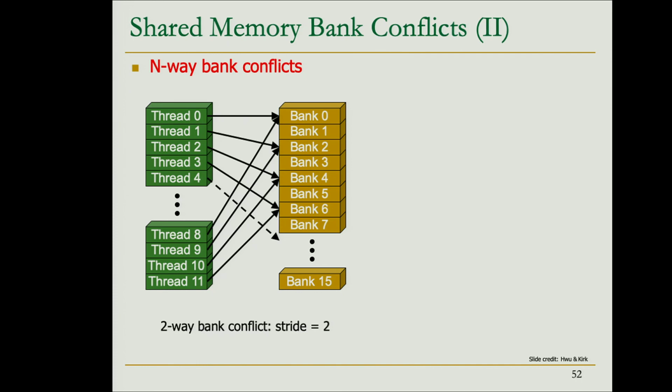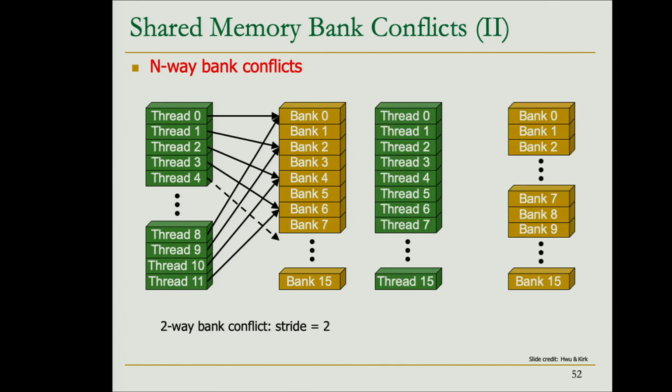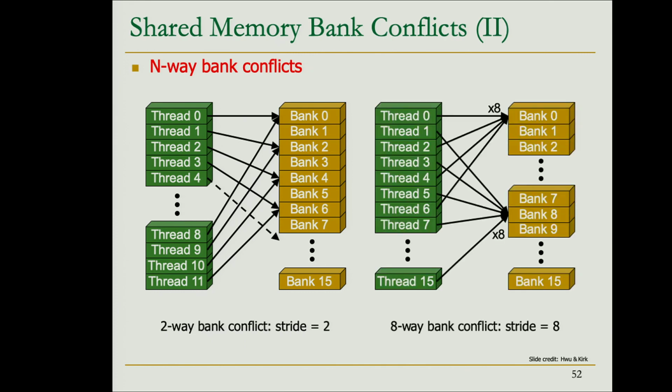If we do that, then the stride is 2, right? And if the stride is 2, we are going to have a 2-way bank conflict. And think about that. We have 2 threads going to the same bank, which means that we are reducing the effective bandwidth by 2. And it can be, of course, even worse. This is an 8-way bank conflict.